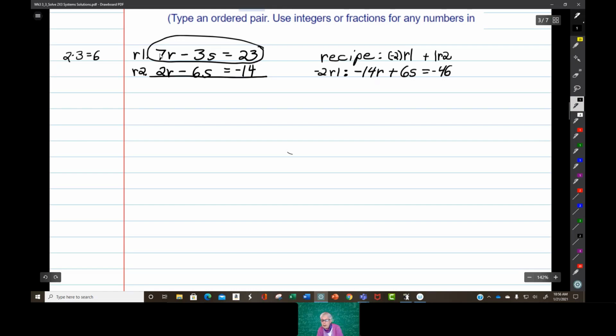That's what happens when I multiply the entire equation up here in row 1 by -2. Now, if I want to just add that to 1 times row 2, then that will be 2R minus 6S equals -14.